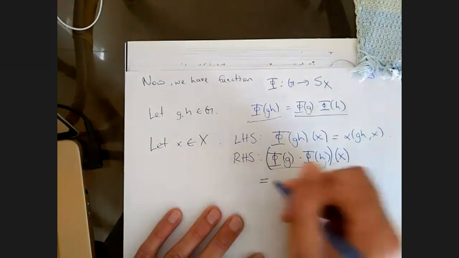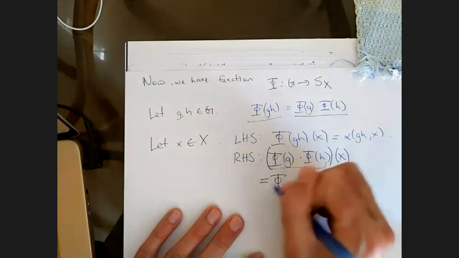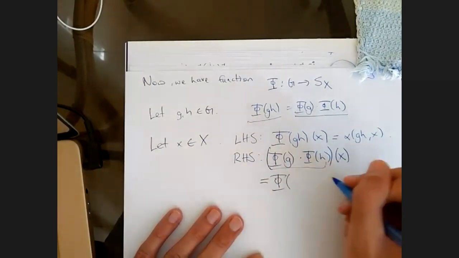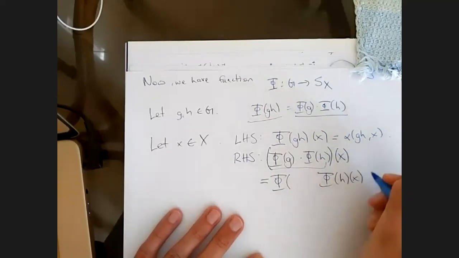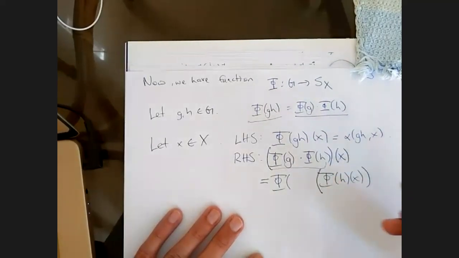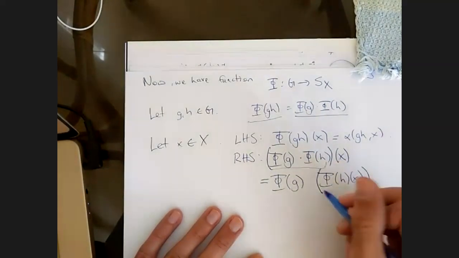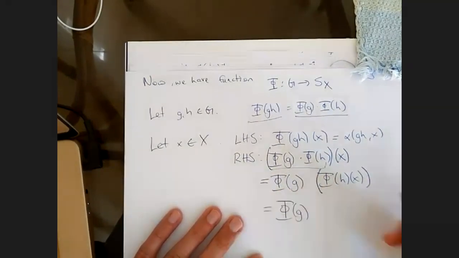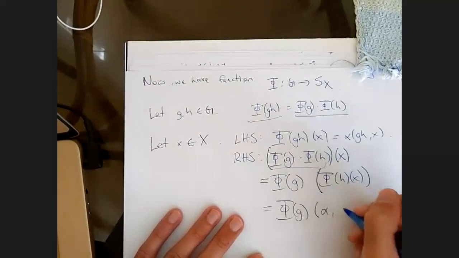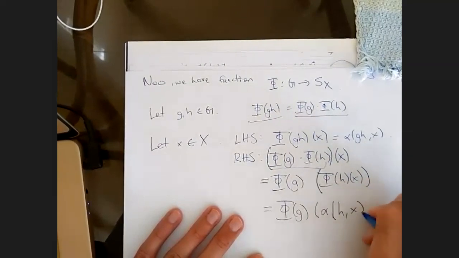So first we do phi of h, apply that to x, and then we do phi of g of that. Phi of h of x is just alpha h x.